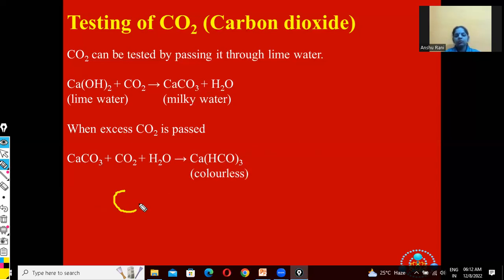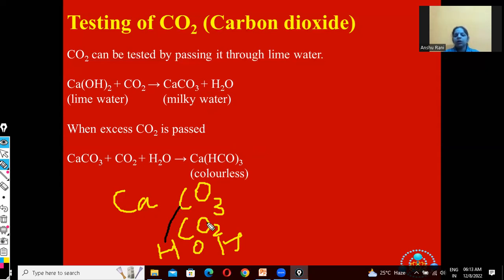Again, write it this way: CaCO3, then CO2, H2O. See, they are making Ca(HCO3)2.